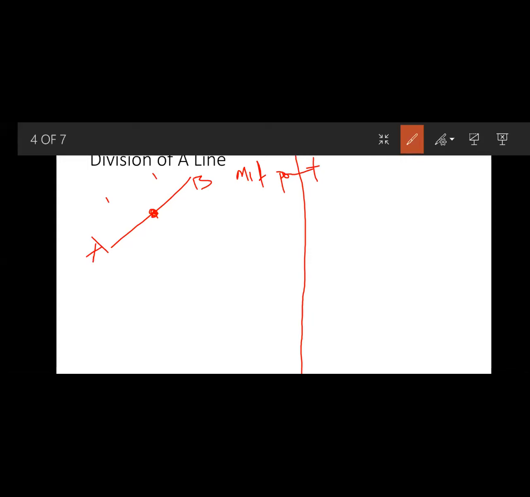So if this is a Cartesian plane, and this is my x1, this is my x2, this is my y1, this is my y2. I will also produce something of this nature.